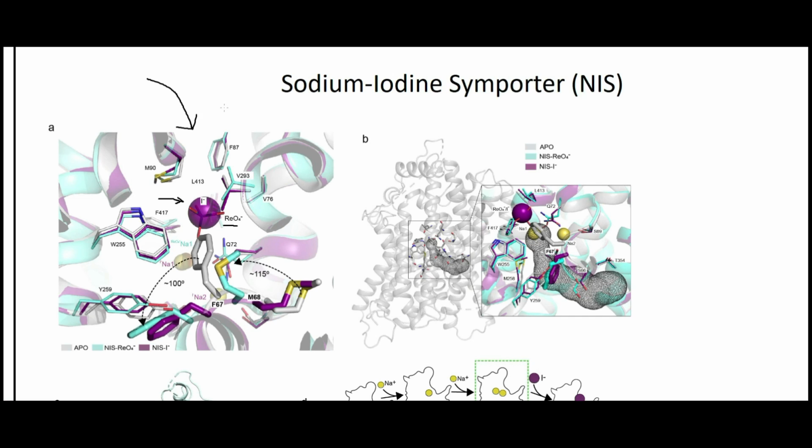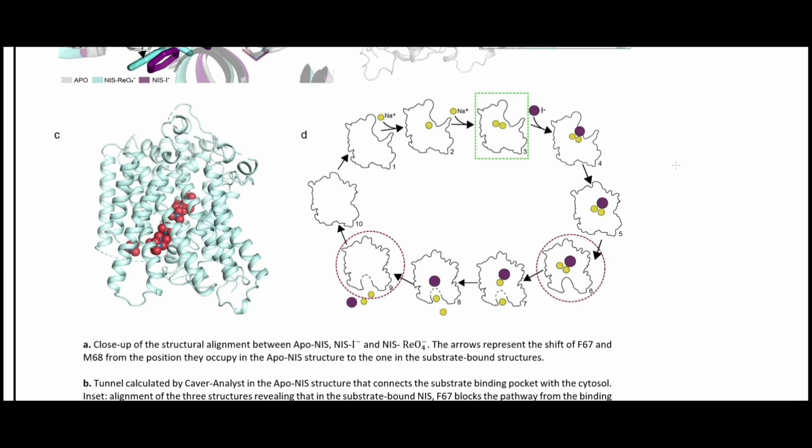The paper I got these images from was very new, I don't think it had even been published yet. It was on one of those archive websites, so there wasn't a PDB structure available on the Protein Data Bank, and I wasn't able to obtain that to look at in PyMOL.